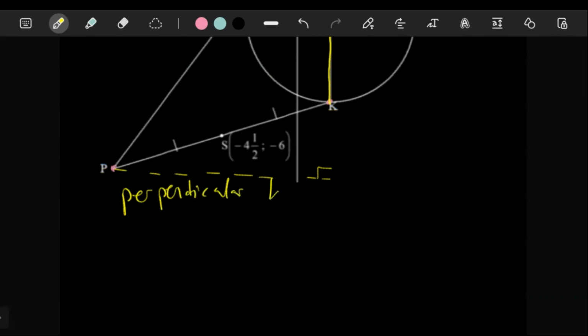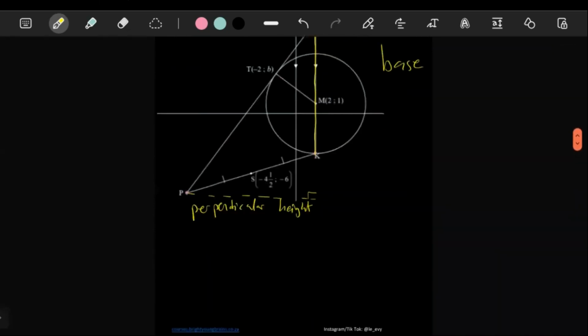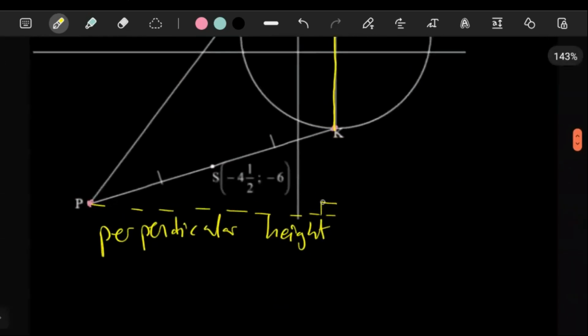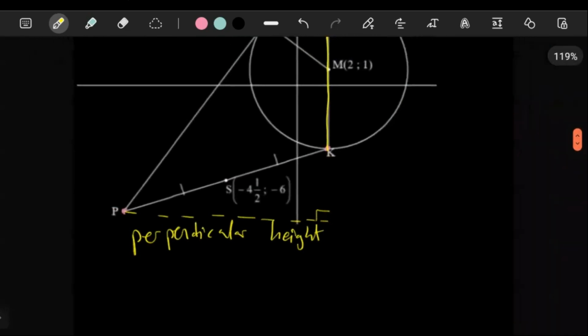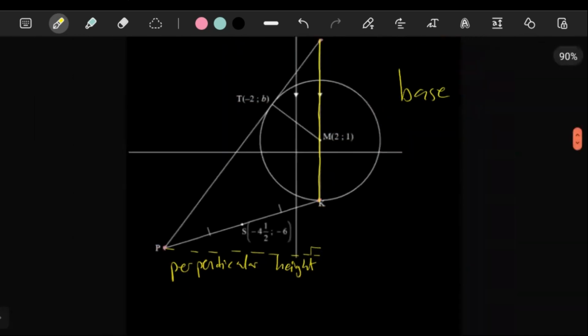For the perpendicular height, you can just get the coordinate of P, and then get the distance going straight down to this x value, which is at 2. So if you know the x value of P, and you compare it to this x value here, you can get the distance. That will be the perpendicular height.